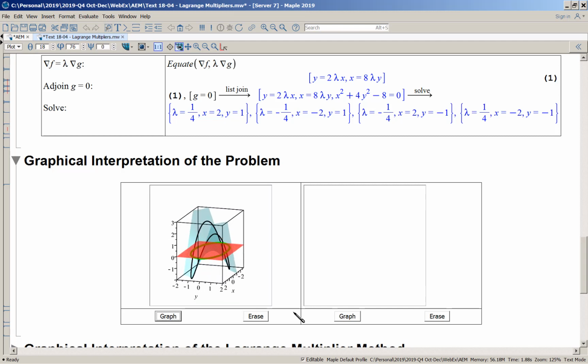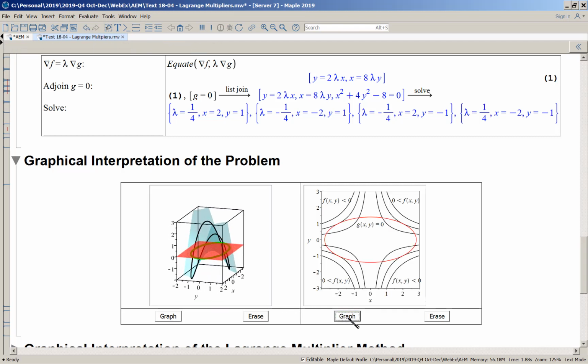Well, that's one graph. Here is a much more important graph. This is a graph of the level curves. In black, we have the level curves of f. In red, we have the single level curve g equals 0. And I've drawn it so that you can see there are 4 points of tangency between the red curve and one of the black curves.